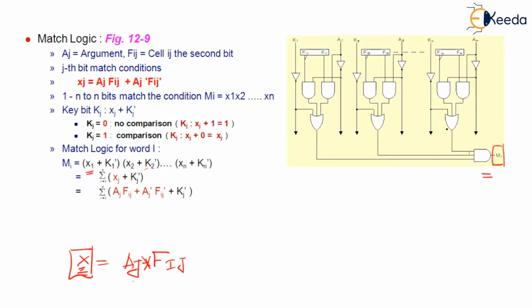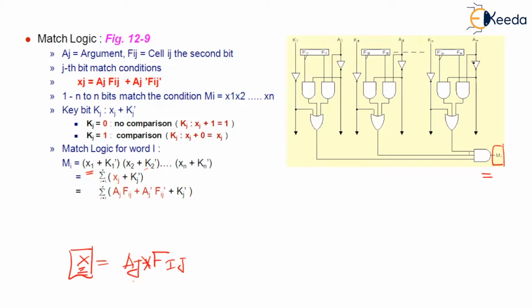Where is Aj Fij? You can clearly see, this is Aj and Fij. And not only Aj and Fij, X also requires another expression, that is Aj complement and Fij complement, right? So first one is Aj Fij.